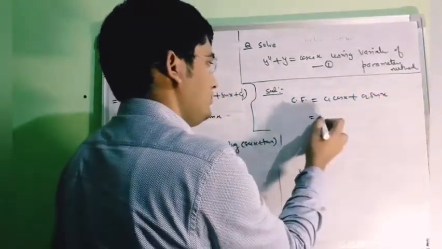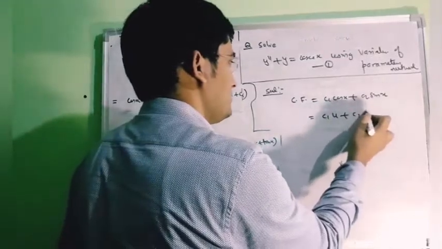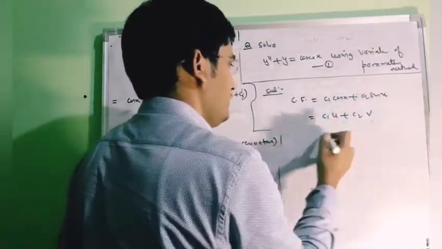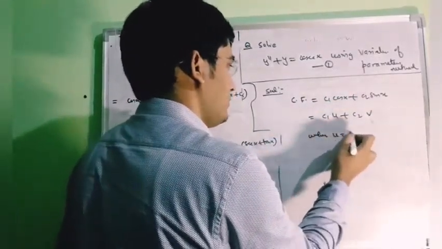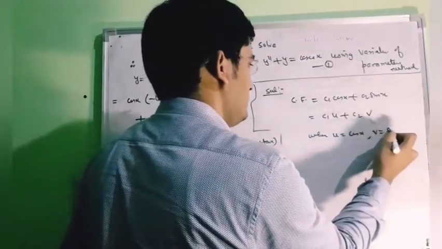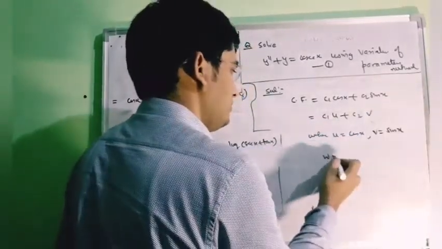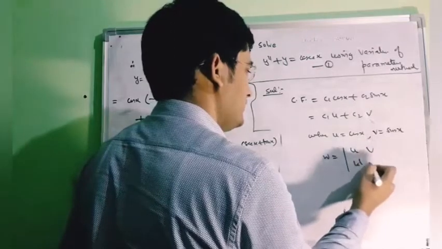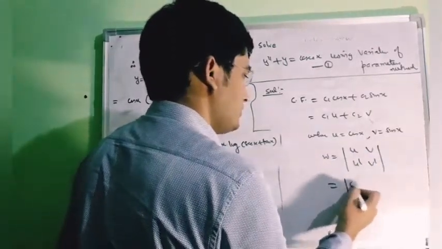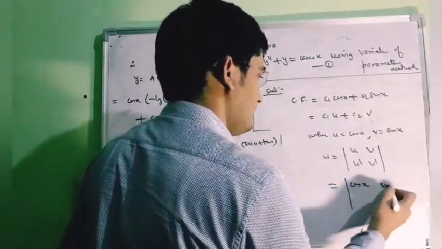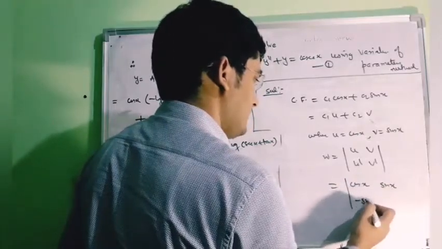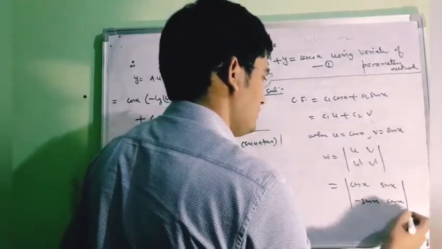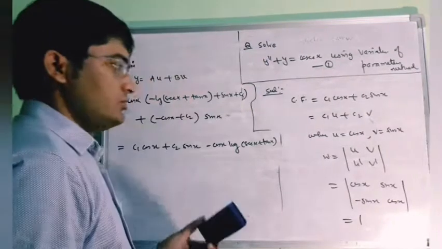So therefore you can write it as c1 u plus c2 v, where my u is cos x and v is sin x. So your w will be u v, u dash v dash. So this is equal to cos x sin x and then minus sin x into cos x. So this will be 1. So your w is 1.